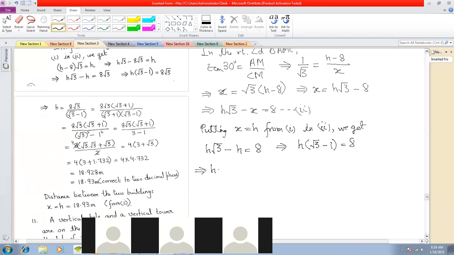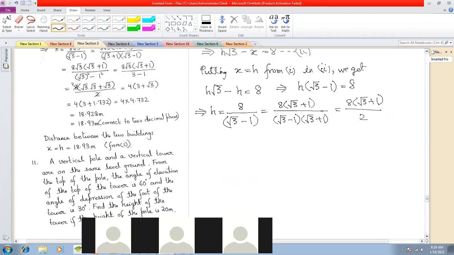That means h is equal to 8 by root 3 minus 1. Now rationalize the denominator. Multiply numerator and denominator by root 3 plus 1. You get 8 times (root 3 plus 1) divided by 3 minus 1, which is 2. Now you can cancel, so you simply get 4 times (root 3 plus 1).